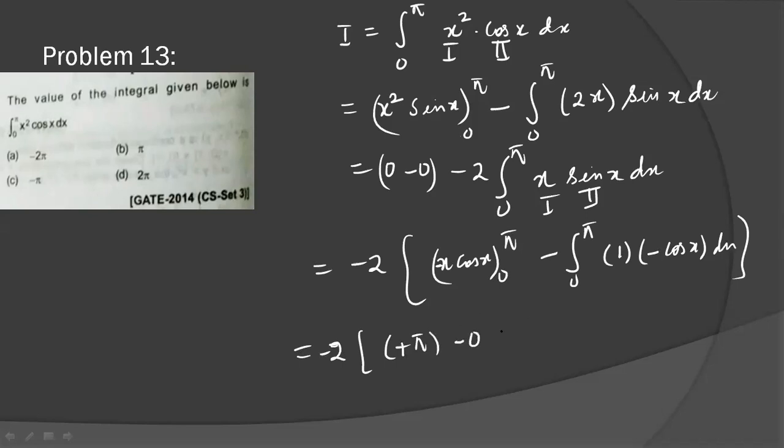At 0, it will be 0. Minus minus becomes plus, and integration of cos x will be sin x, 0 to pi. So it will give you minus 2 pi, because at the upper limit and lower limit sin pi and sin 0 both tend to 0. So the answer will be minus 2 pi. So 2 times we have to use integration by parts for this problem.